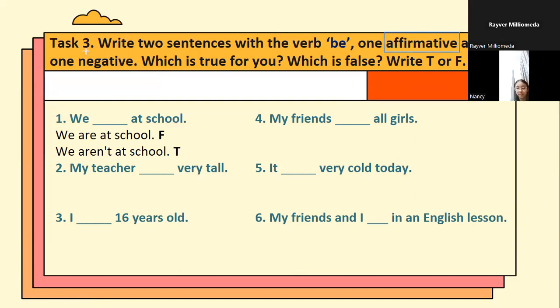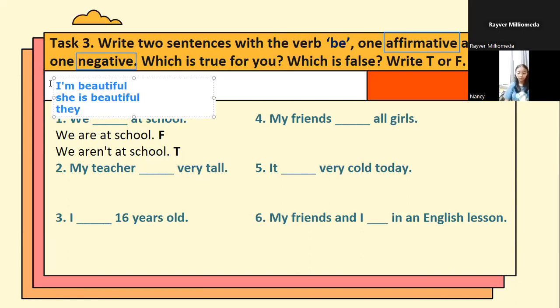No. Okay, like what I told you, an example of affirmative is like I'm beautiful, I am, like that. That is an example. And we can also say she is beautiful. And we can also say they are wonderful.